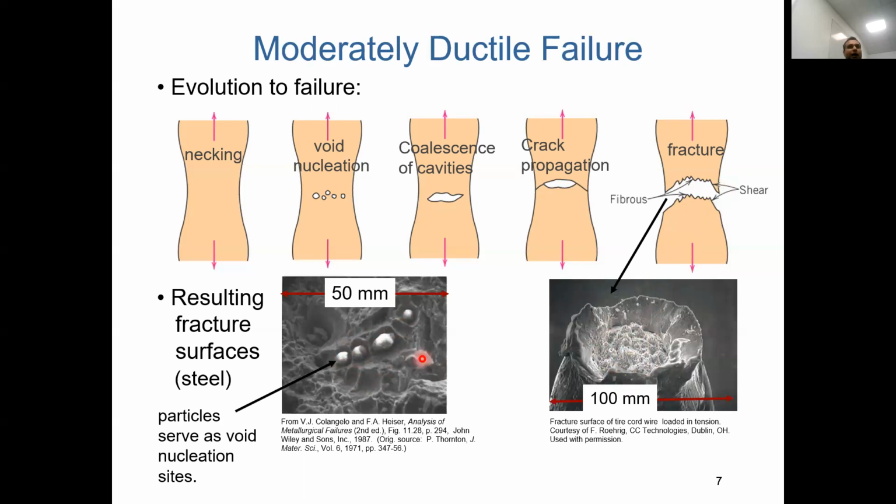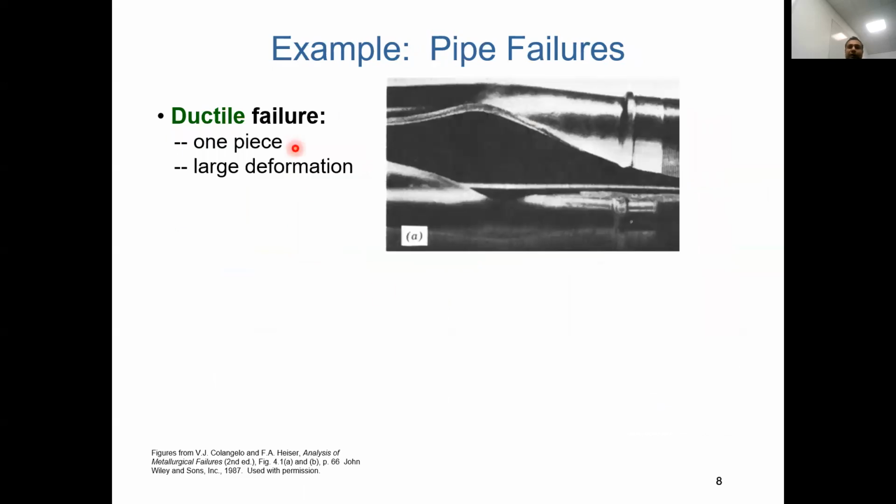We are applying a normal stress. Normal stress is a stress applied at 90 degrees to the material where it actually fails. Sometimes there's a stress known as hoop stress, H-O-O-P, the hoop stress. If that stress is applied, it can cause different types of failure. We will talk about that later.